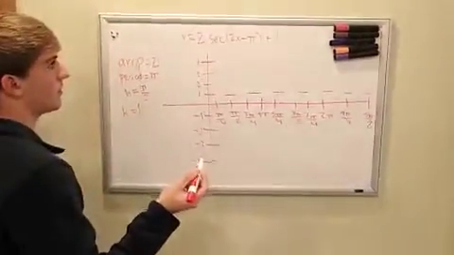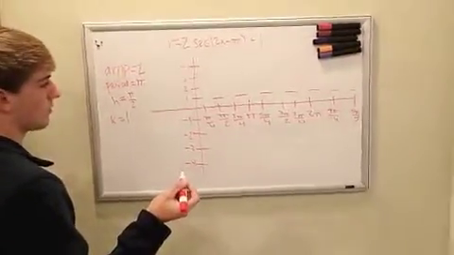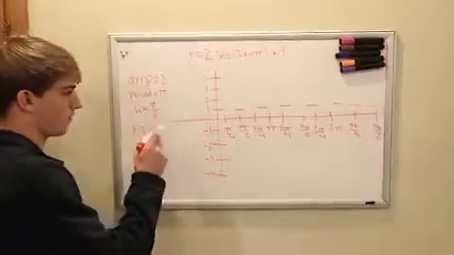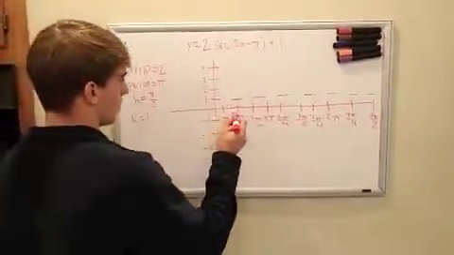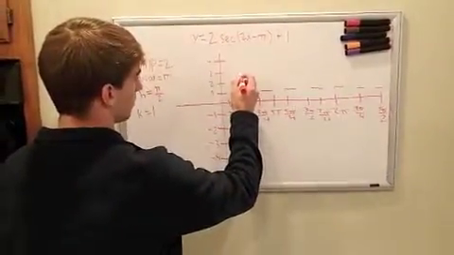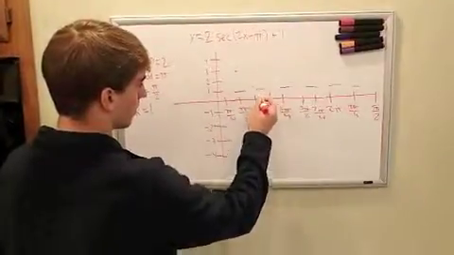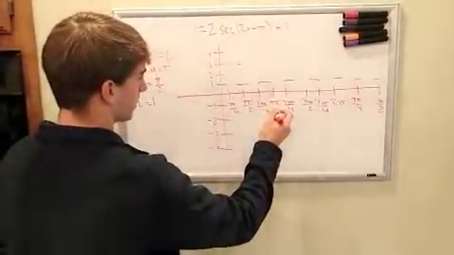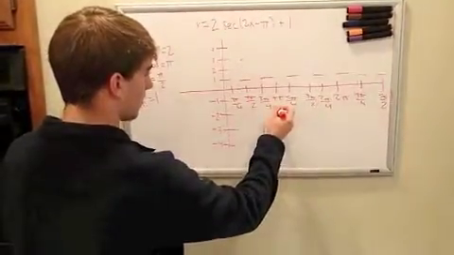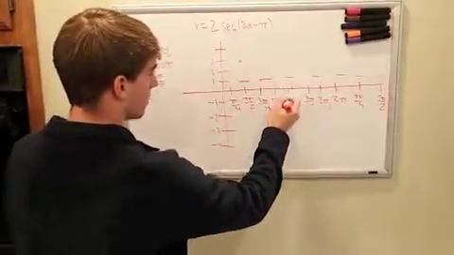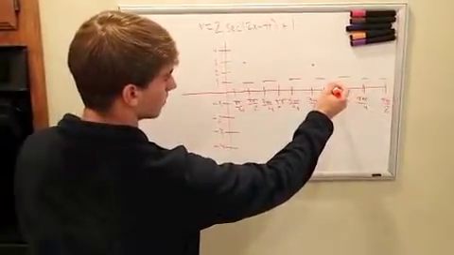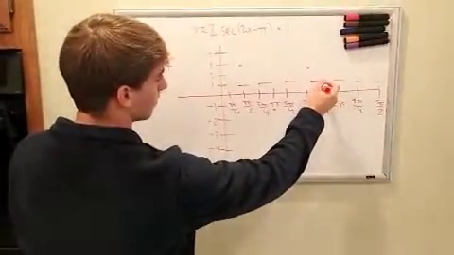So then to graph secant, we need to graph cosine first. And we're going to start at pi over 2, 3 at the maximum. And we're going to come down to the sinusoidal axis and then down to the minimum. And then just keep going up and down.